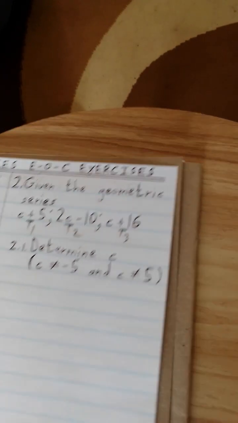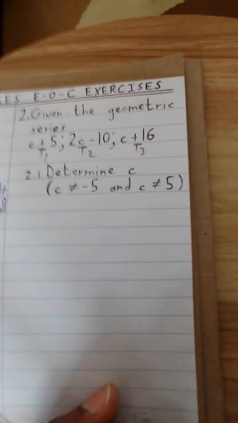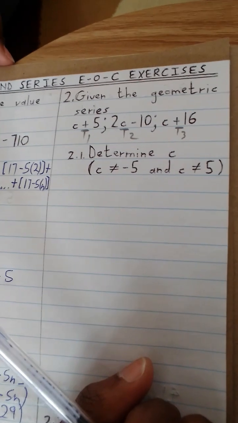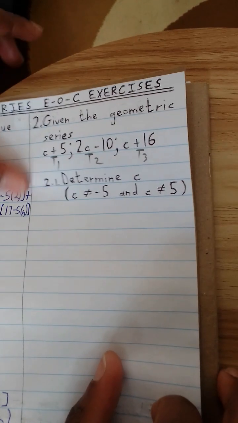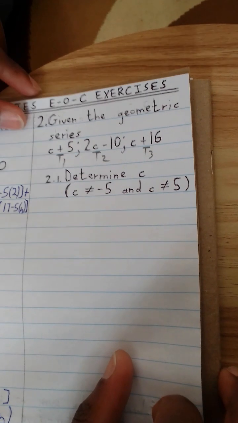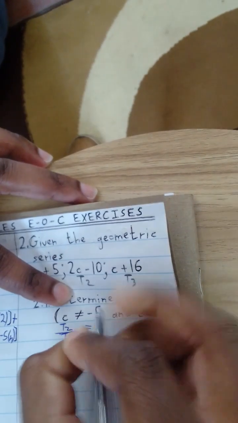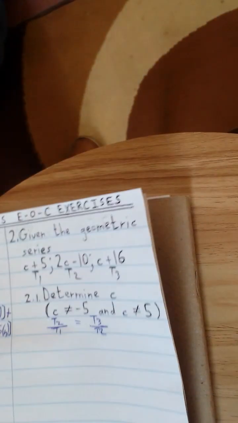Since we're dealing with a geometric series, we have a constant ratio. So remember, r is T2 over T1, which is also T3 over T2. So T2 over T1 is equal to T3 over T2.